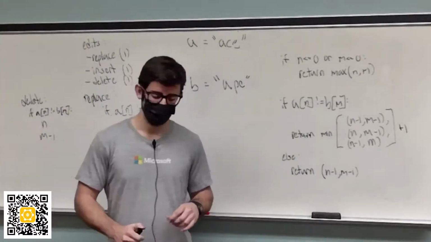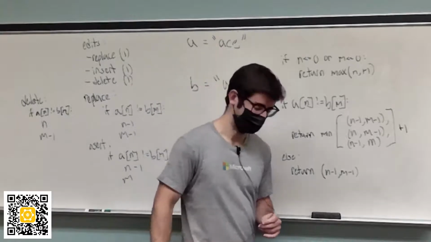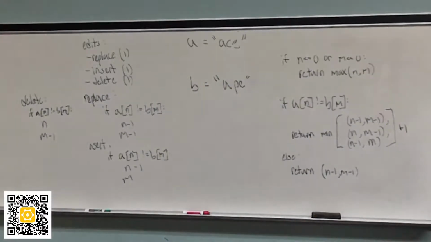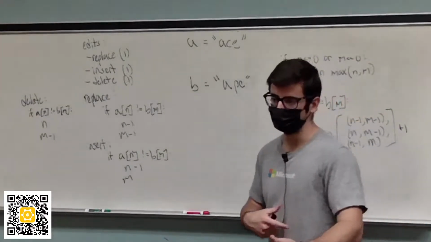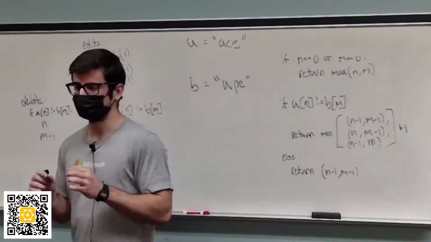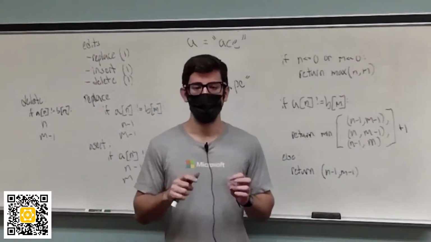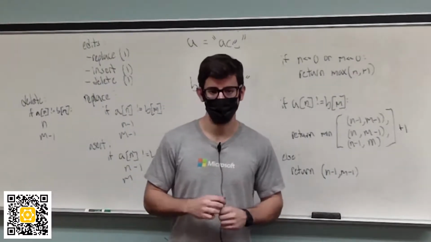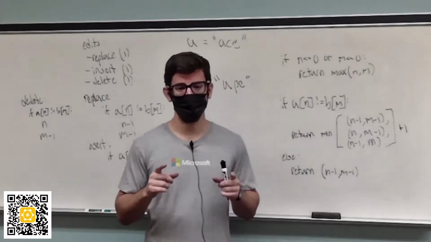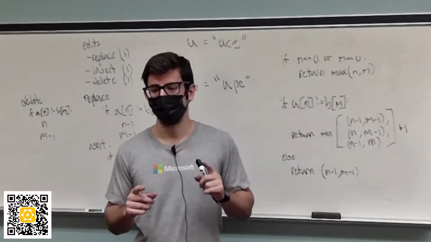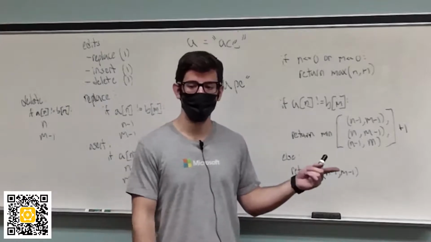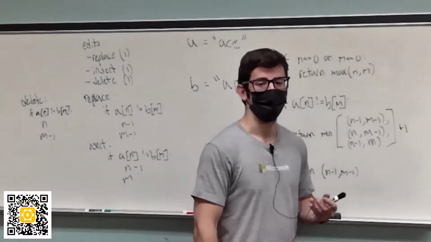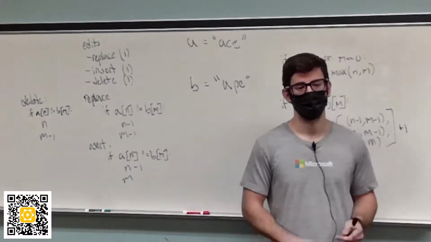Exactly. We might be on a subproblem that we've previously solved. So by keeping track of the subproblems we've solved, we can avoid redoing the work. If we're on a problem that we've done before, just return what that previous work returned.